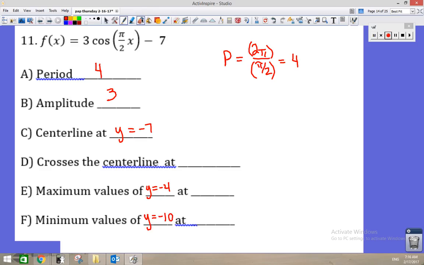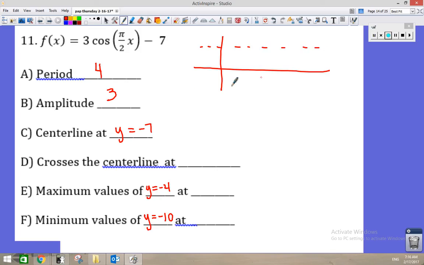Let's sketch our basic cosine curve so we can refer to it. We know that the basic cosine curve is between -1 and +1, that a starting point is up here at 0, 1, and these 5 primary points, major points, are equally spaced, and we complete a cycle here.